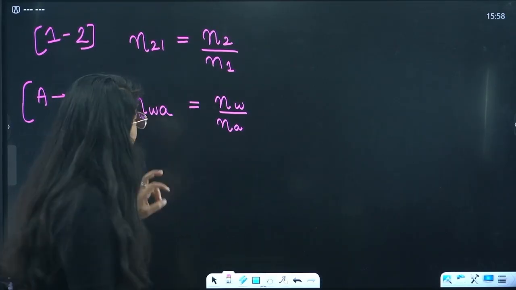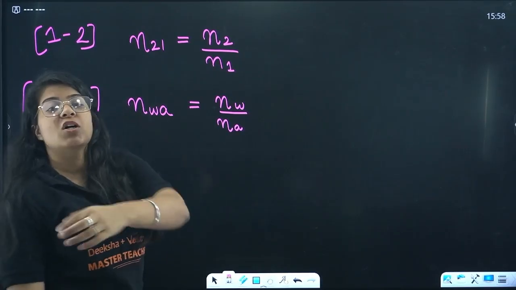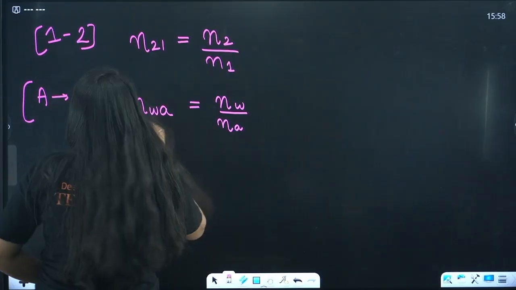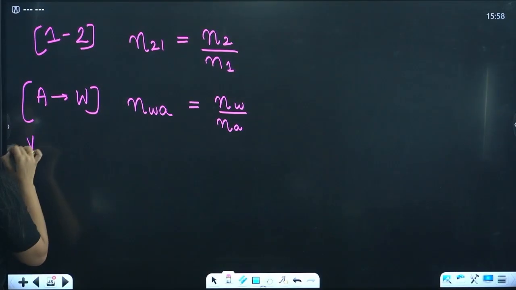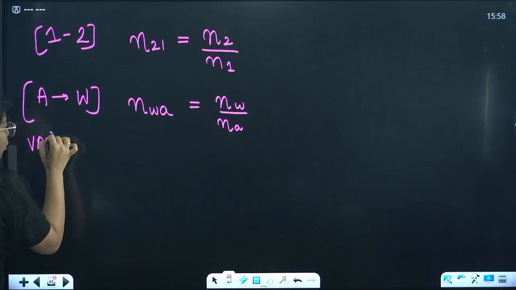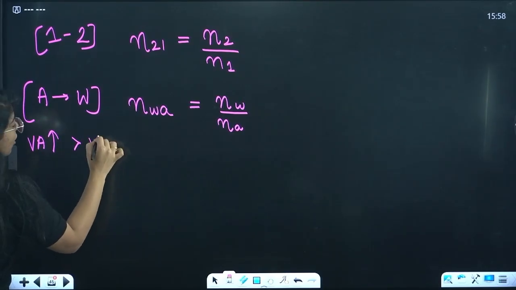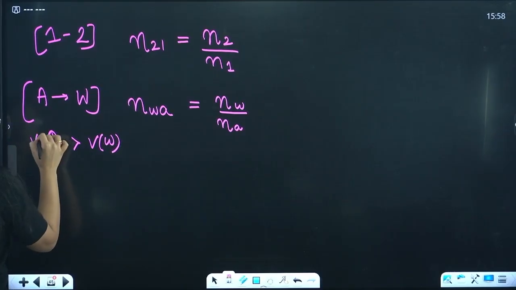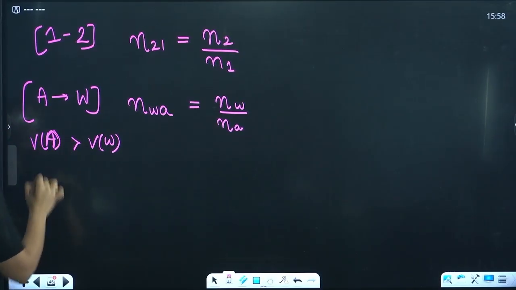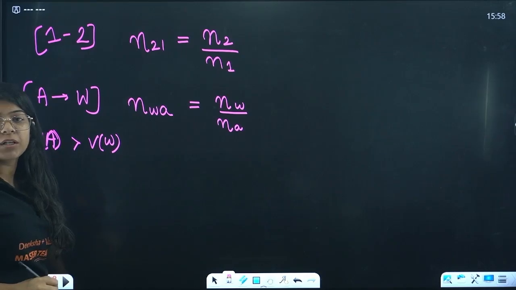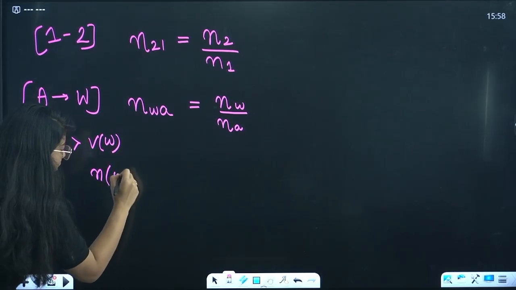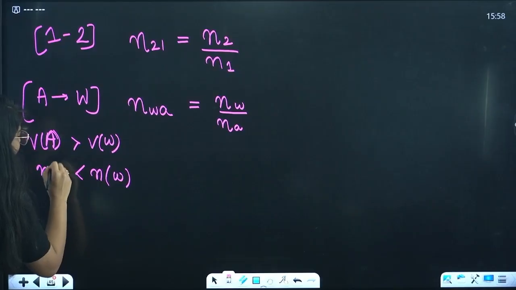Now, I told you velocity is inversely proportional. That means the velocity of light in air will be more than the velocity of light in water, right? But we know water is denser, so refractive index of water will be more than refractive index of air.